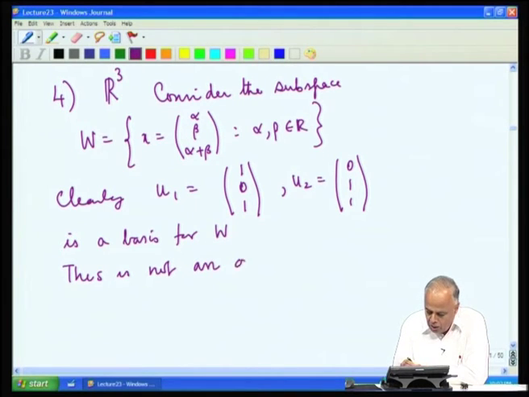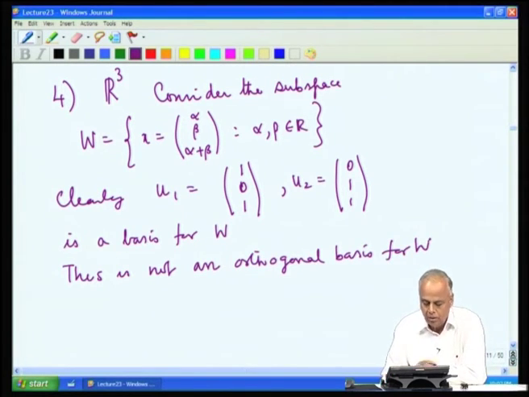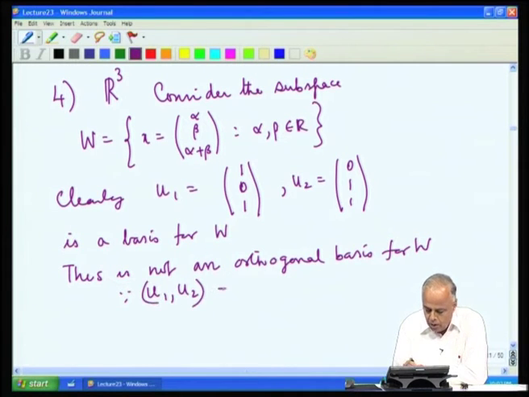However, this is not an orthogonal basis, because the two vectors are not orthogonal to each other. The inner product of u 1 and u 2: 1 into 0 is 0, plus 0 into 1 is 0, but the product of the third component is 1 into 1.